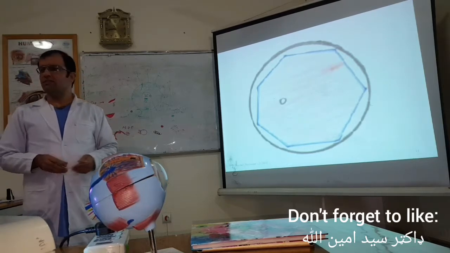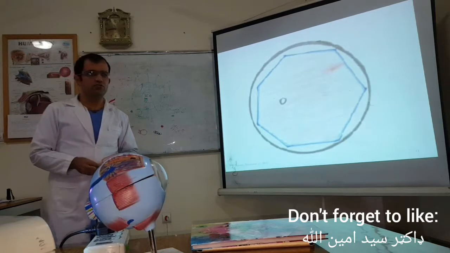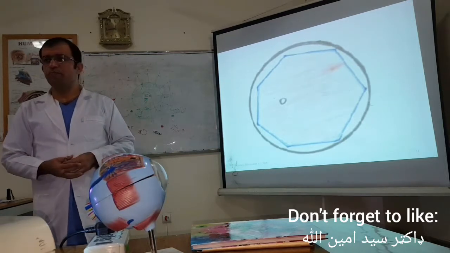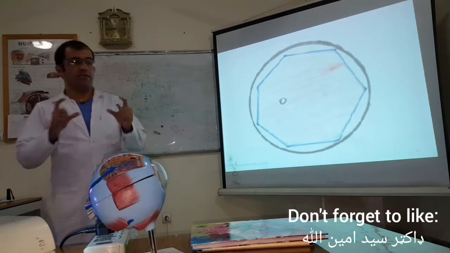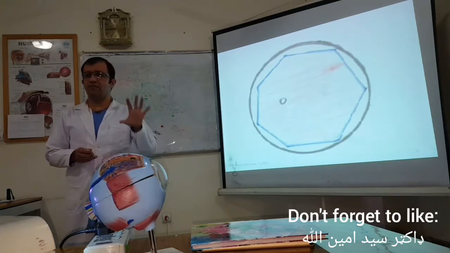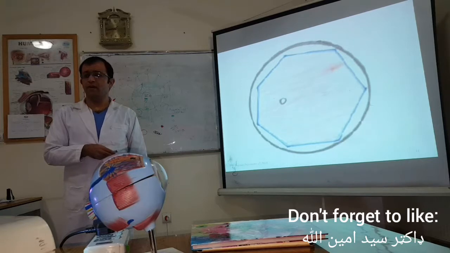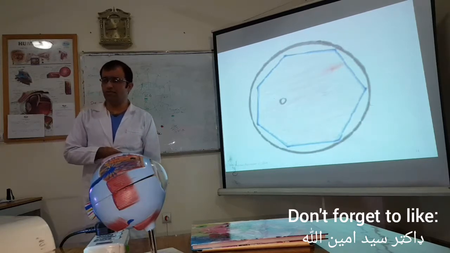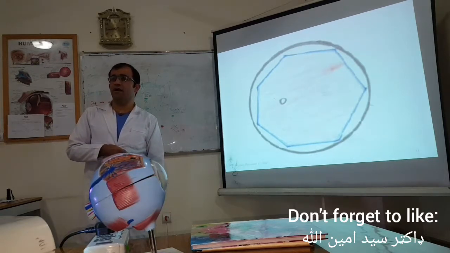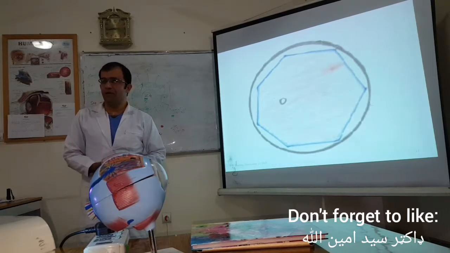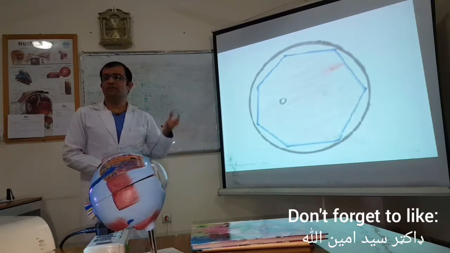For example, sometimes we don't have enough time to do the indirect ophthalmoscopy or fundoscopy. Then in the slit lamp, we just find a lesion in the posterior pole in some of these areas. Then we do not have to draw the ora serrata because we didn't see it. If you miss something, then you are not blamed. No problem, because we didn't see ora serrata.